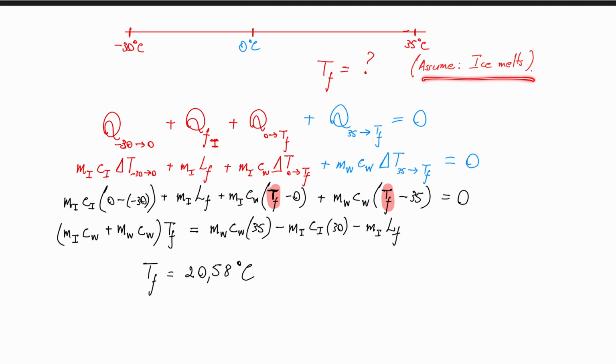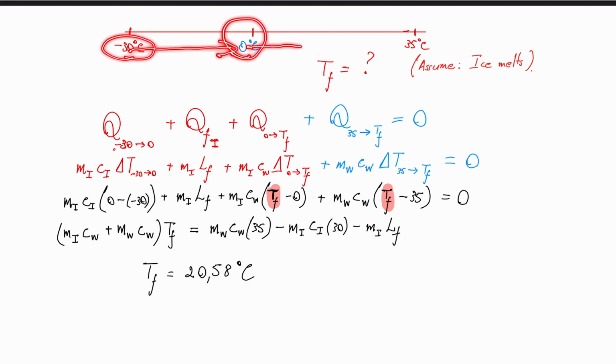So let's make this assumption. Now let's capture what are the results of this assumption. We said that the final temperature is going to be on the right side of that 0 point, so we expect that the ice must first go from minus 30 all the way to 0, and at 0 it must melt.